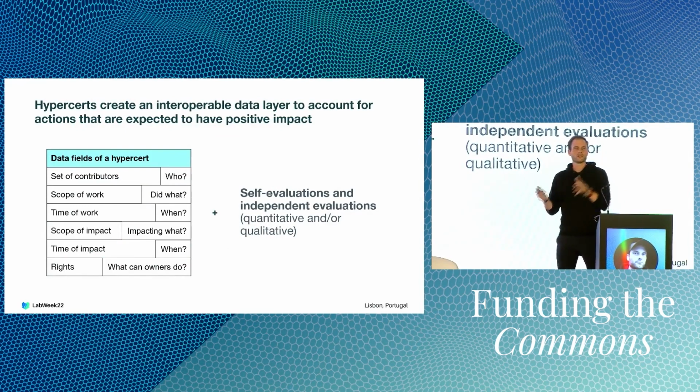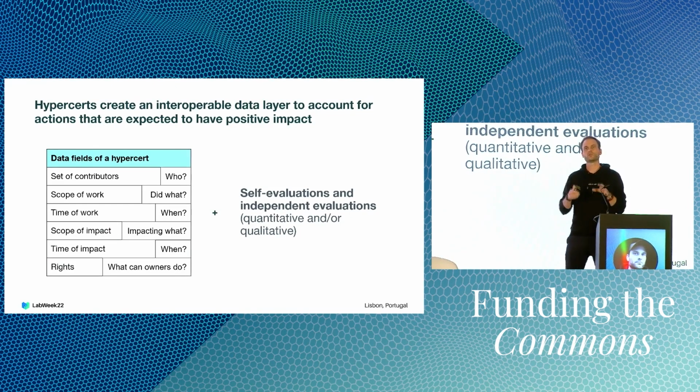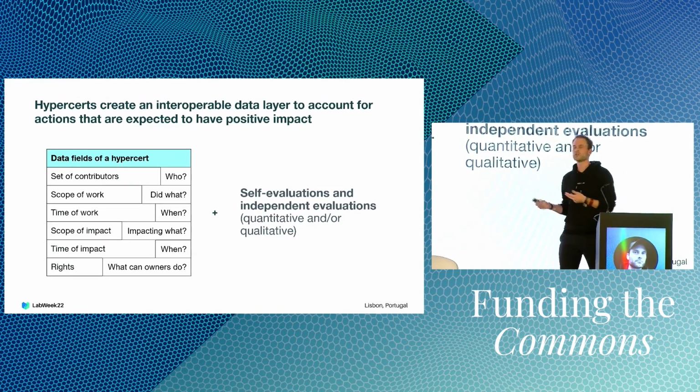And then, in addition to that, we have the evaluations that can be self-evaluations and independent evaluations that can be quantitative or qualitative, and they really point towards the Hypercerts. And with that we take that into 2 objects, we make it more flexible, build a more open system where we can develop the evaluations further and work with all these projects that work on impact evaluators to plug into the Hypercerts ecosystem.